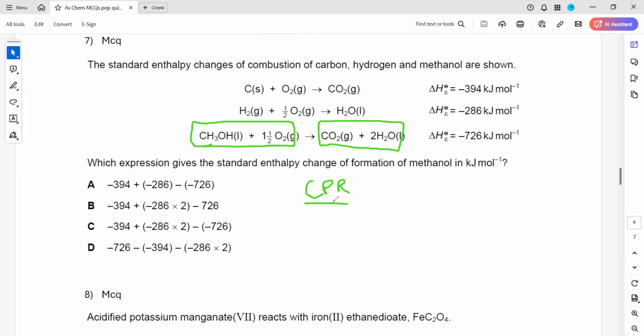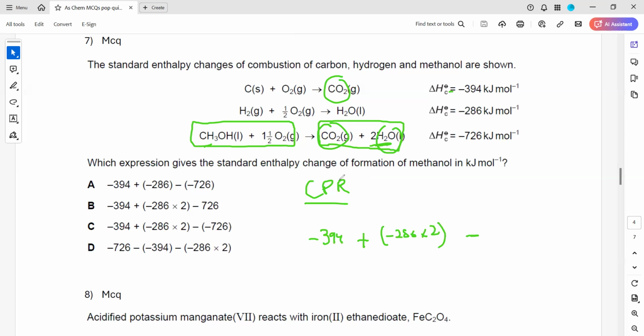So what I have as a product, I have carbon dioxide. For carbon dioxide, it is minus 394. So I wrote minus 394. For water, another product, it is minus 286. So plus minus 286. But how many moles of water? 2. So multiply by 2.